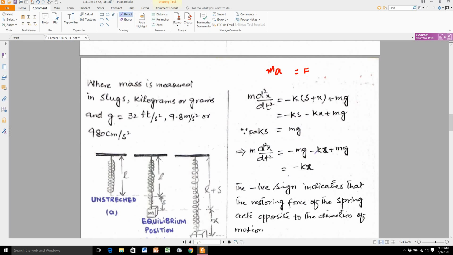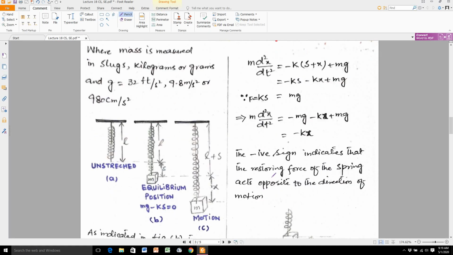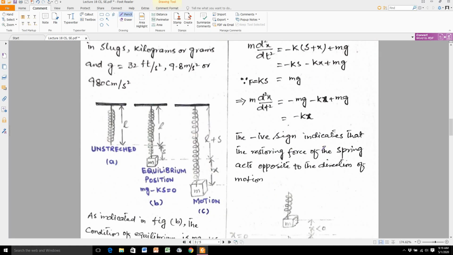So it becomes minus mg minus kx plus mg. The mg cancels with this mg, and you get m d squared x over dt squared is equal to minus kx. This negative sign indicates that the restoring force of the spring acts opposite to the direction of motion.